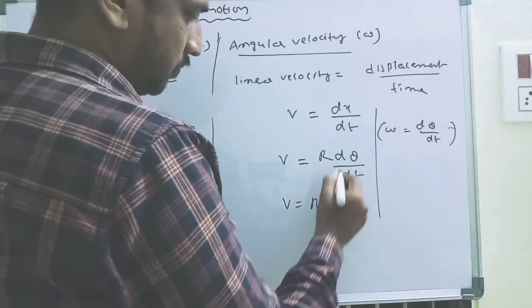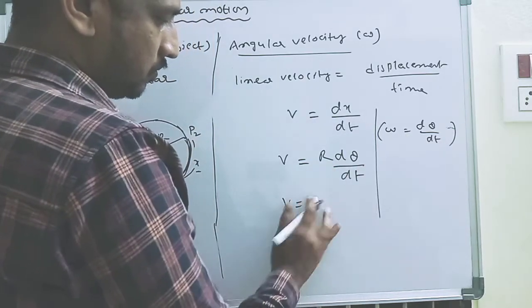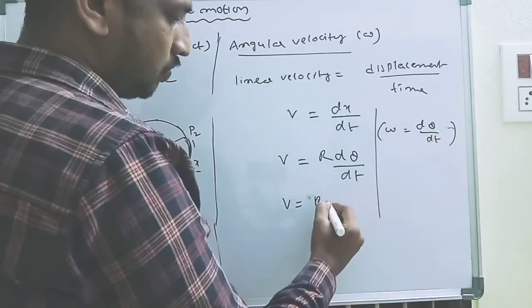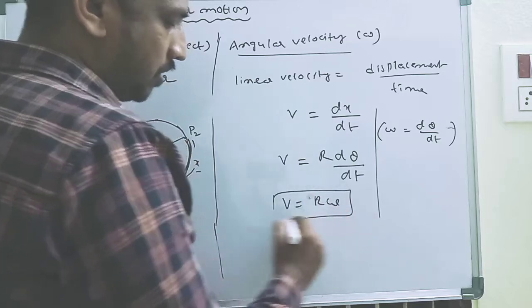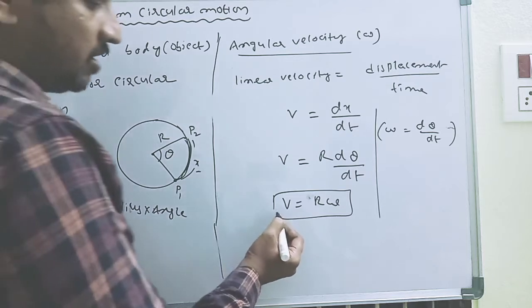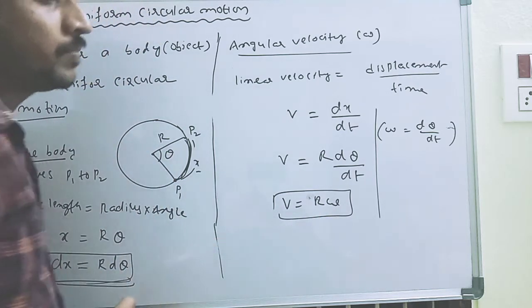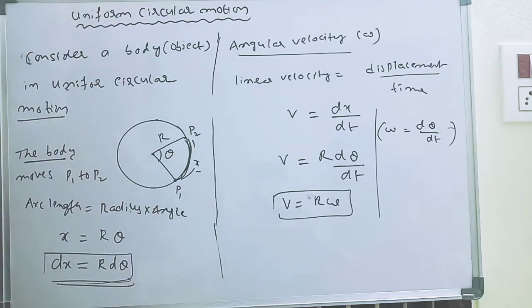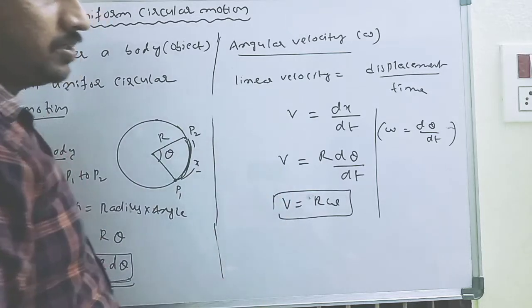So v is equal to r omega, and dx is equal to r into d theta. This is the relation between linear displacement and angular displacement, and between linear velocity and angular velocity.